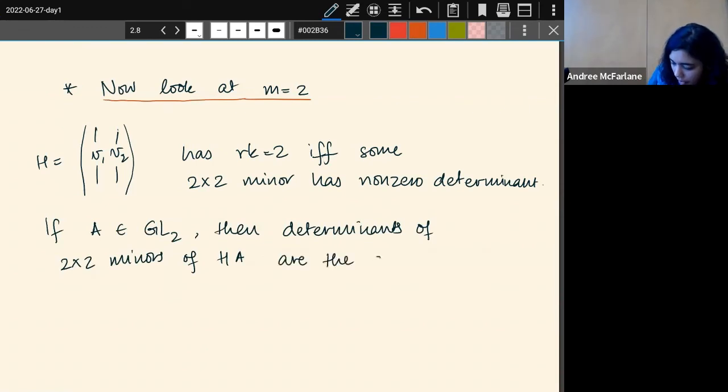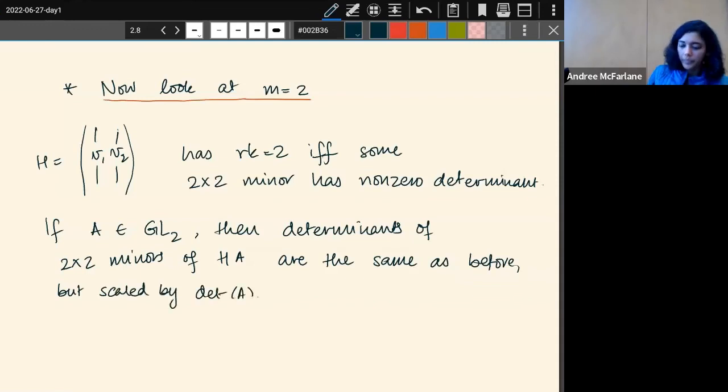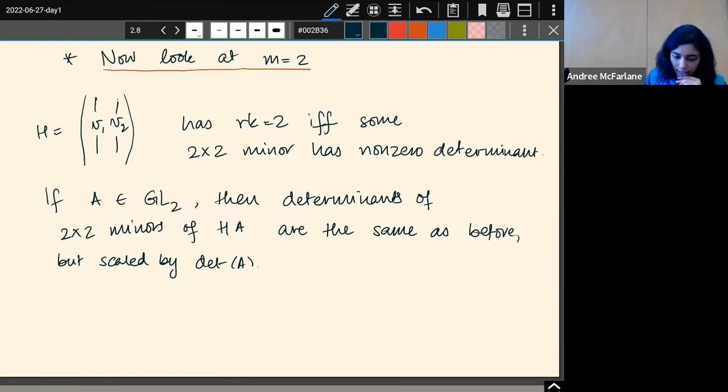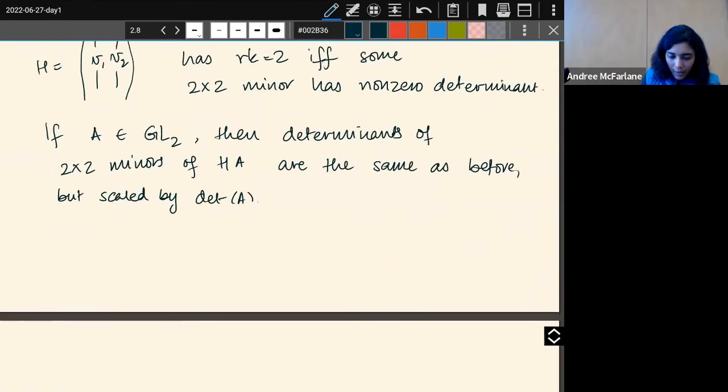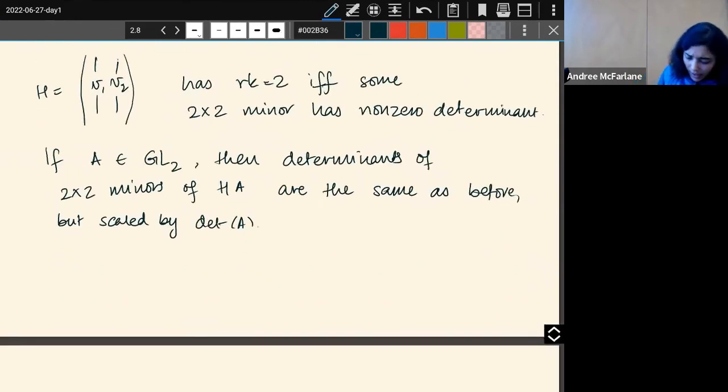The same as before, but scaled by det A. Okay, so all of this is to simply motivate something that you've probably seen before, namely the Plücker coordinates.